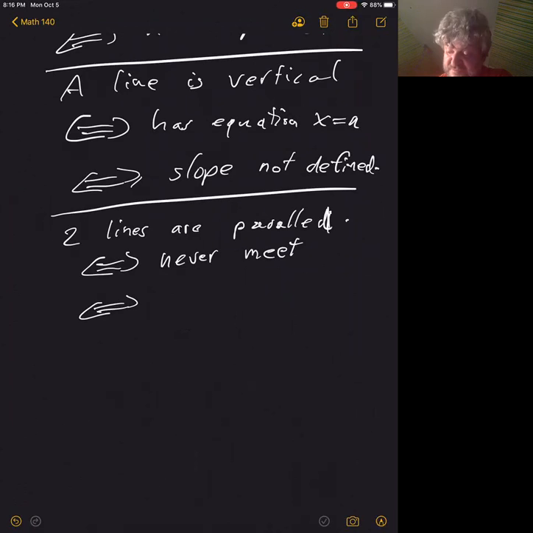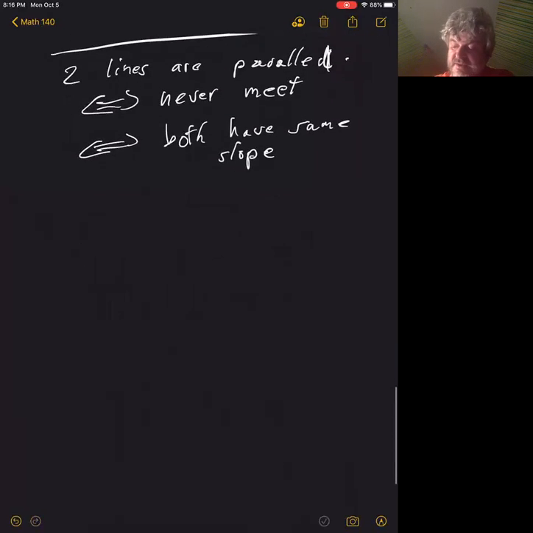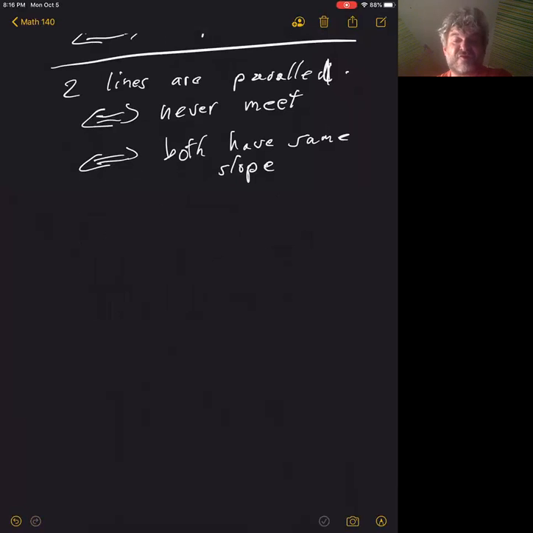They both have the same slope. So it's particularly nice to tell when you have the slope-intercept forms for equations. And another possibility is that they're both vertical. We can't talk about slope then, but both slopes are undefined, they're both vertical, and they are also parallel. Fine.